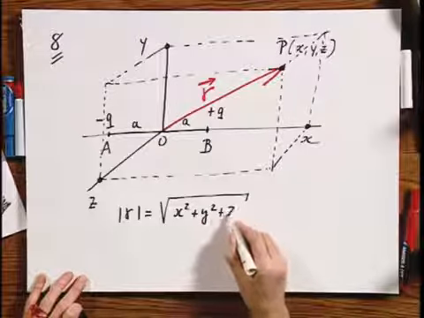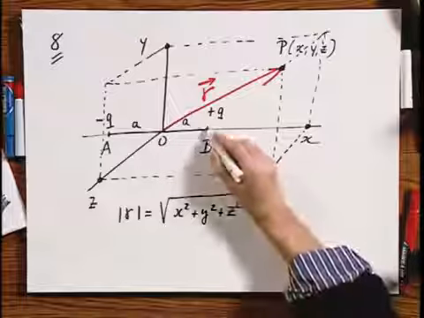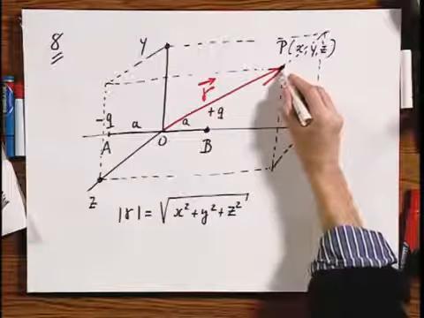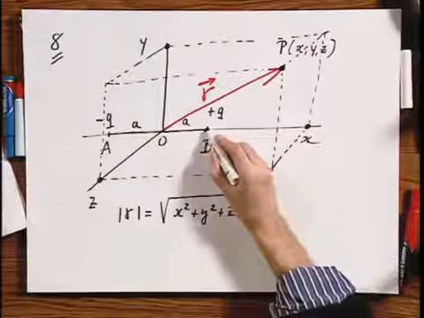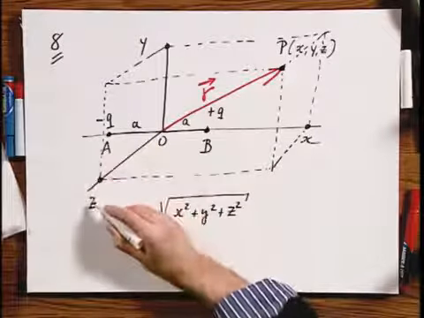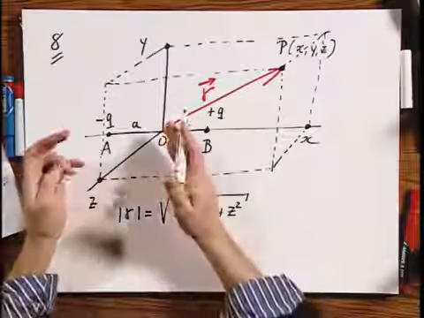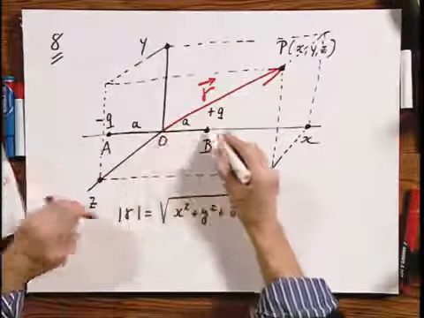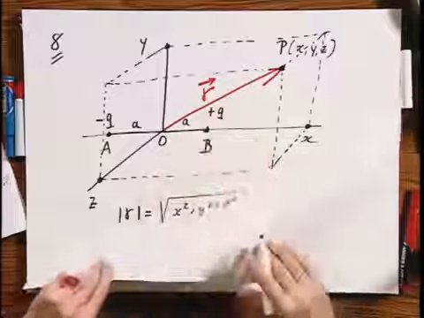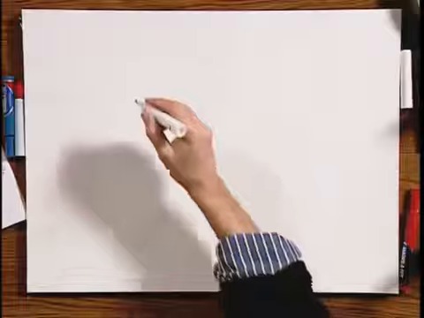Now I'm going to first calculate the electric field at P only due to point B. And then later we're going to add the electric field due to point A. I'm going to shift the entire coordinate system to point B. So I'm going to make a new coordinate system.